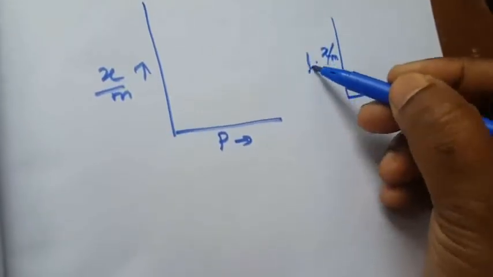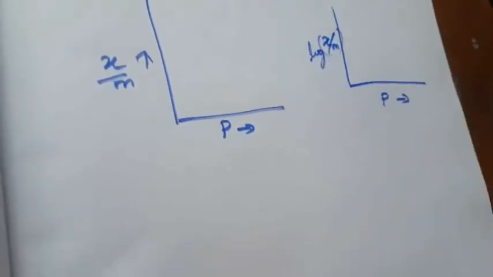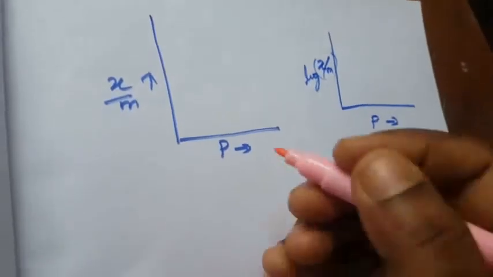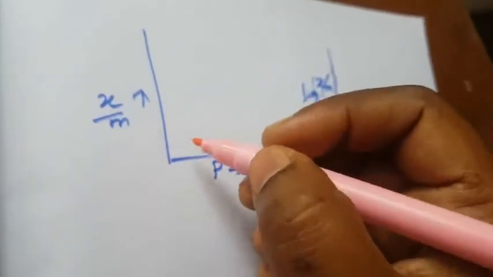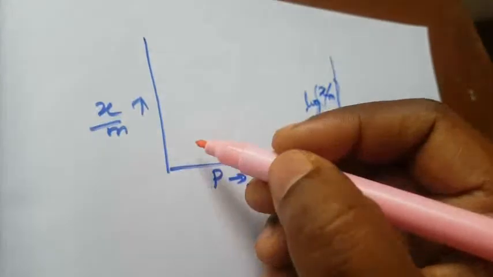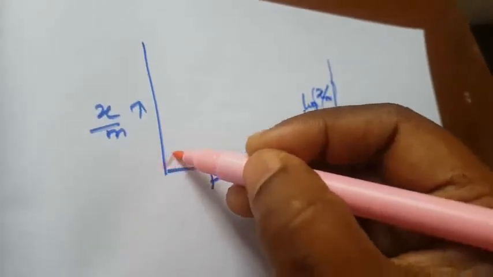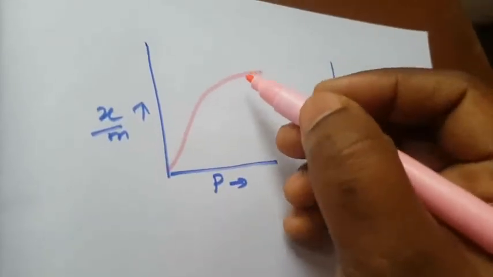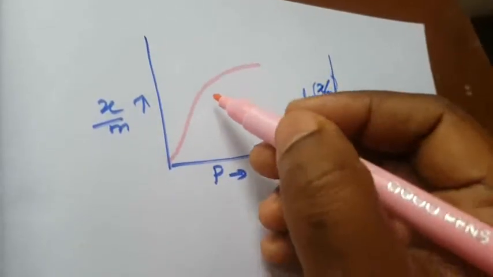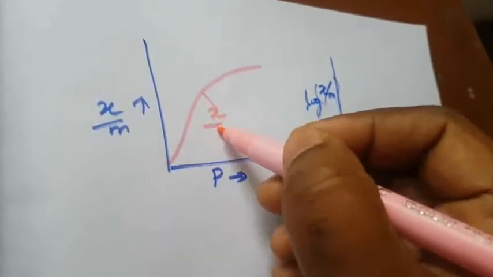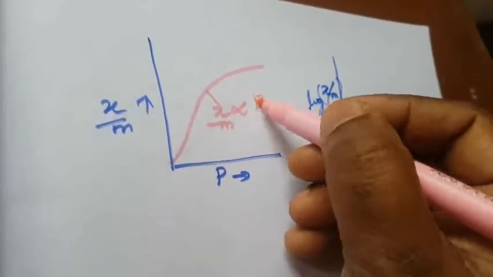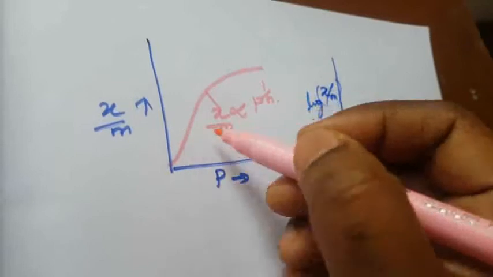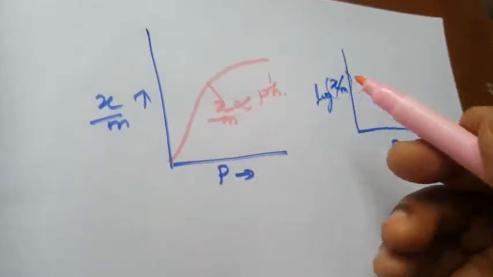So using this graph, this is again the isotherm plot, x by m against pressure. As pressure increases, the slope also increases. So x by m is directly proportional to p to the power 1 by n. Only this curve will be obtained.